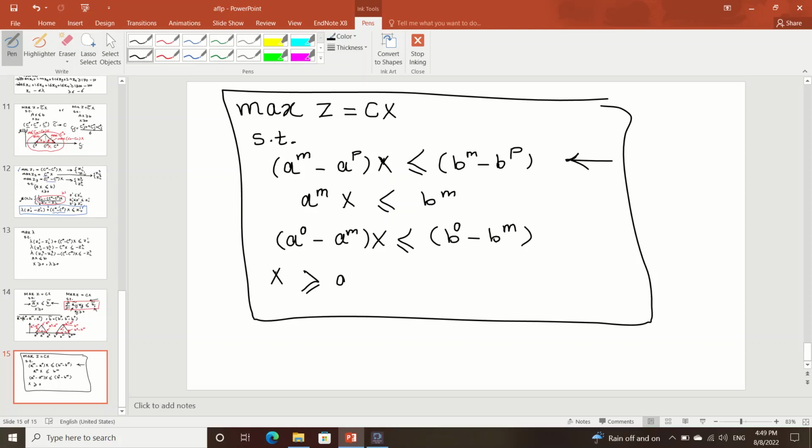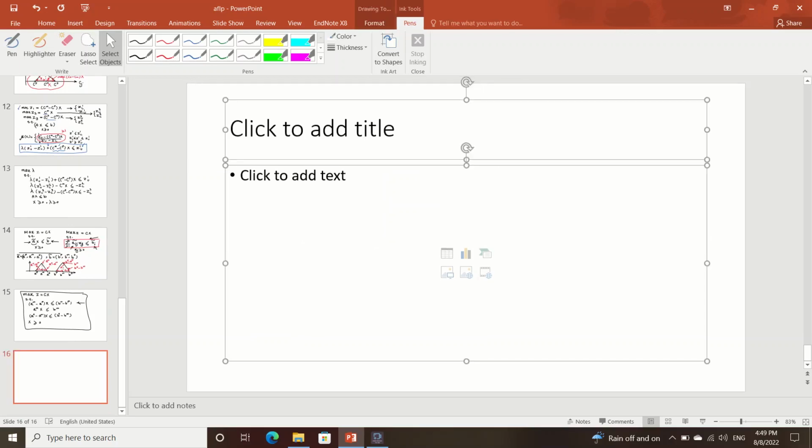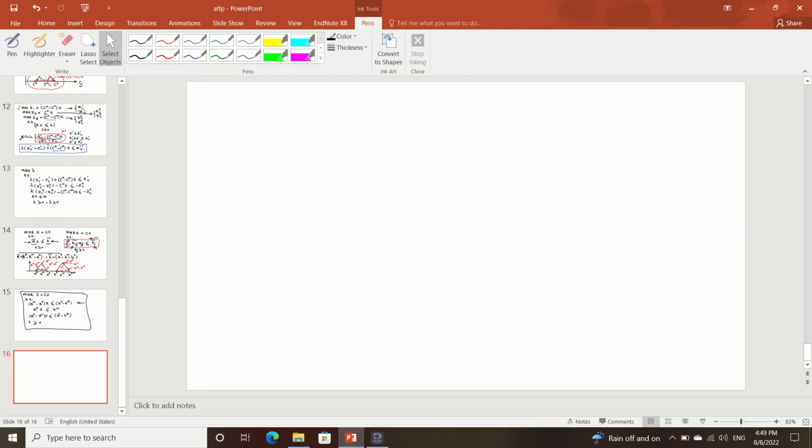And in the other, or last, state, we assume the model like this: maximize z equals cx, subject to the constraint ax is less than fuzzy b.